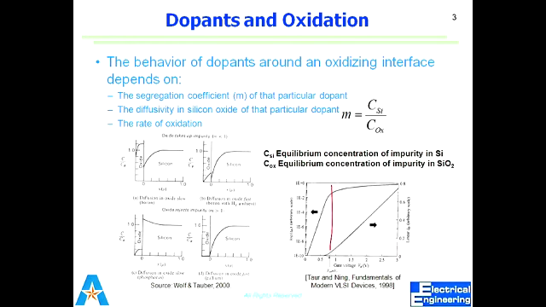Okay, the second thing is about the dopant, or we call it the impurity. The dopants or impurities at the surface of silicon. If you remember, if this is the surface of silicon, this is the silicon dioxide that would be grown.